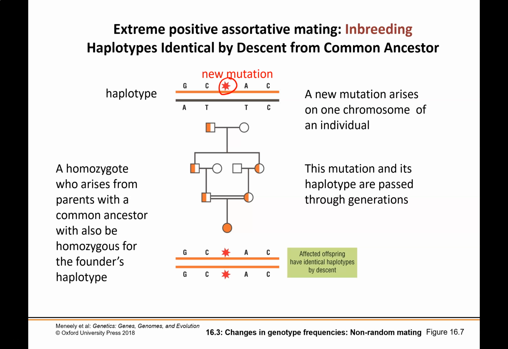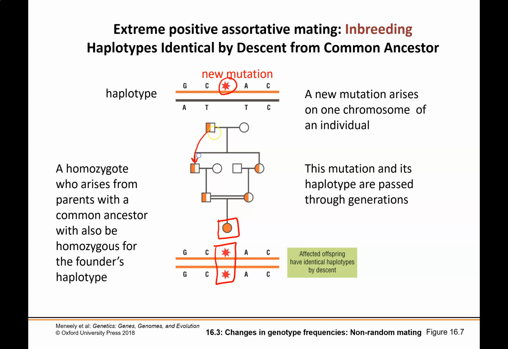So if we have a family where a mutation comes about that is passed down to their children, the potential for it combining in an inbred individual is higher than if you were just a carrier within the population. So we see this individual down here has acquired both mutations from the same ancestor.